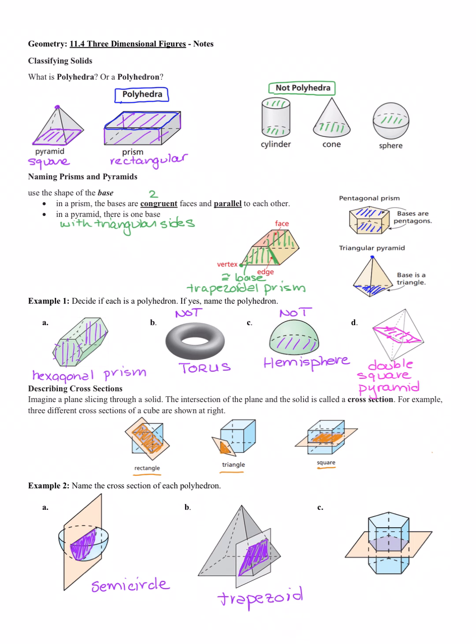And this last one, since we're doing it parallel to the bases, would be the same as the bases, which is a pentagon. All right, so you are going to need to be able to identify these cross sections from a shape, and also be able to name a polyhedron or even a not polyhedron based on the bases and whether it is a prism or a pyramid.